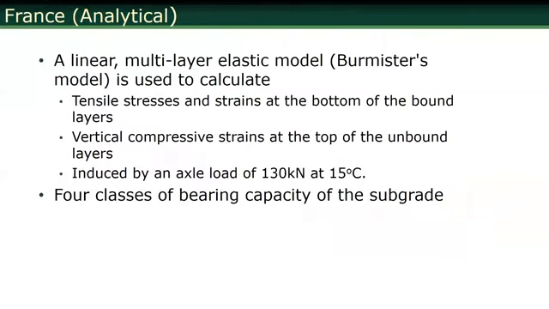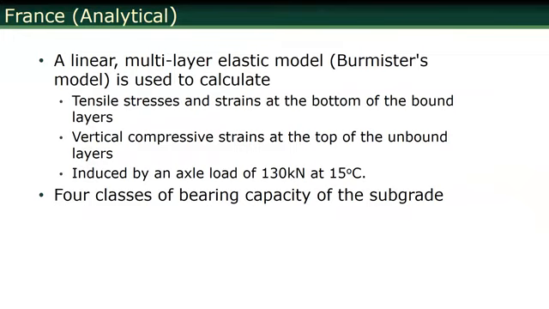Now, if you look at France, they use a linear multi-layer elastic model, Burmister's model, to calculate the tensile stresses and strain at the bottom of the bound layers. Bound layers meaning asphalt layers. So they look at the stresses and strains at the bottom of the asphalt layer.